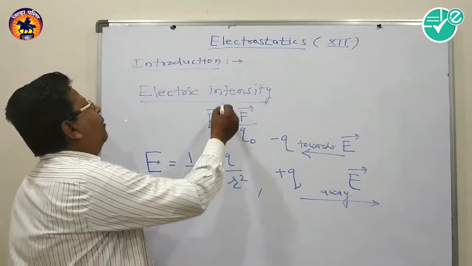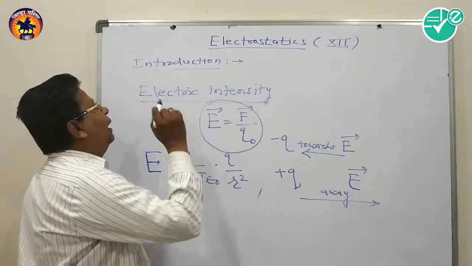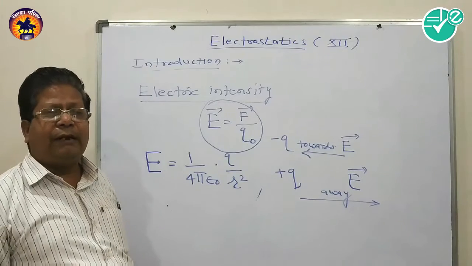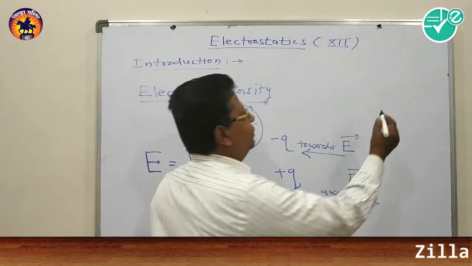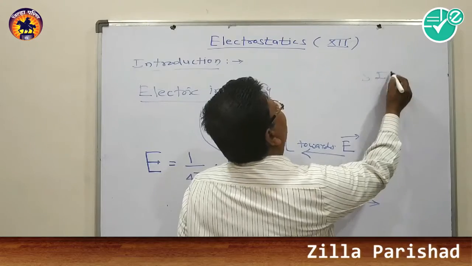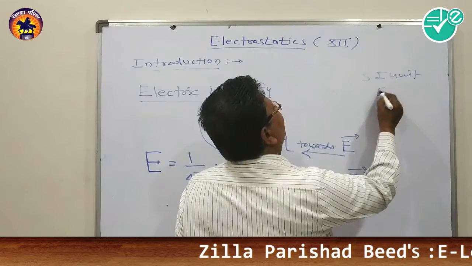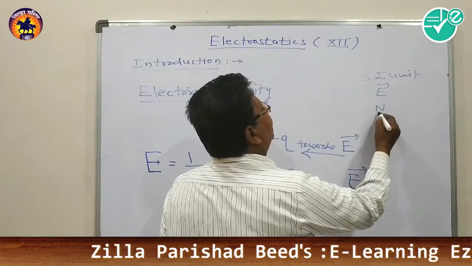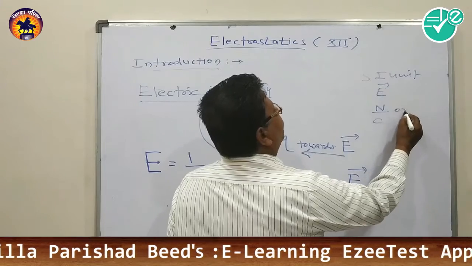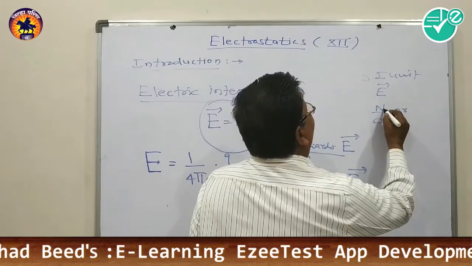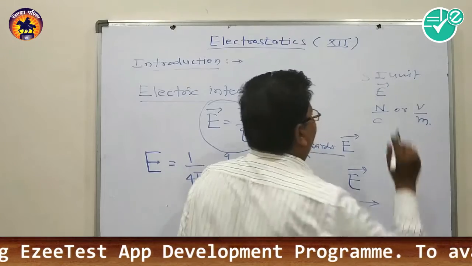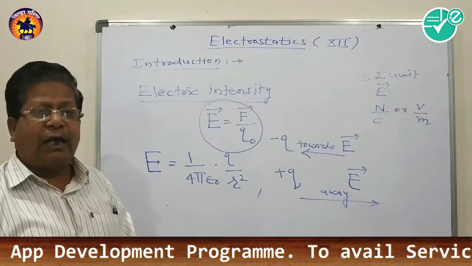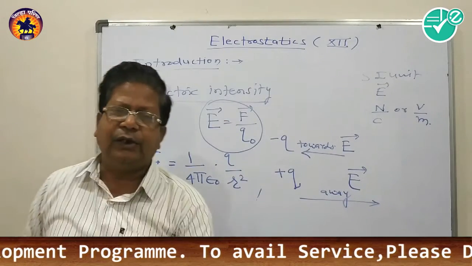From the formula E is equal to F divided by Q0, the SI unit of electric intensity is Newton per Coulomb, or it is also written as Volt per meter.